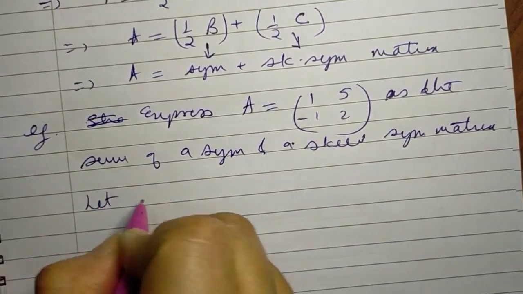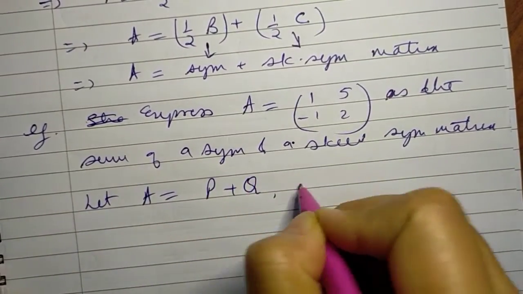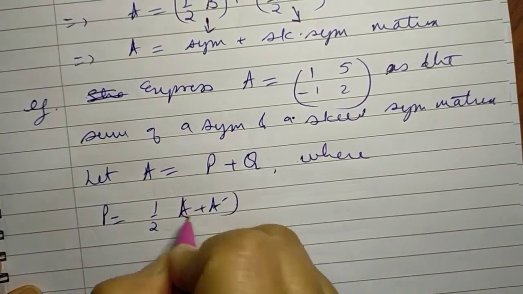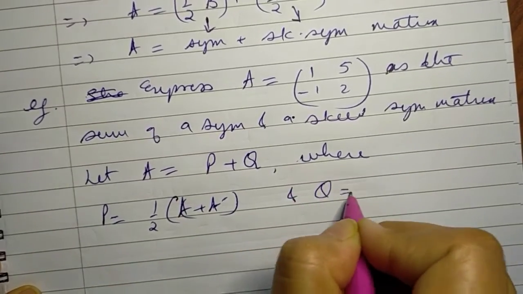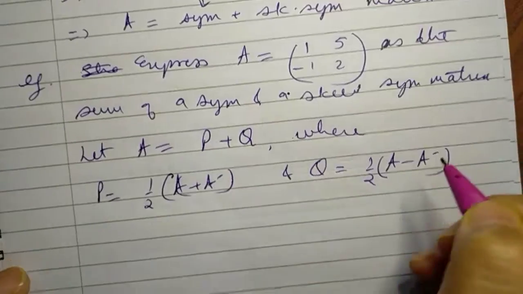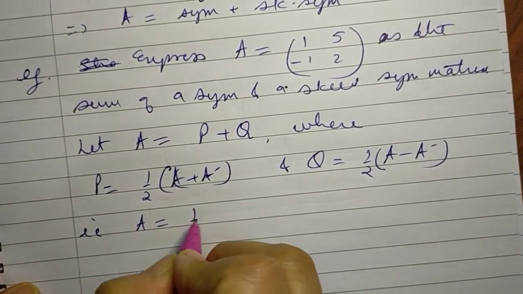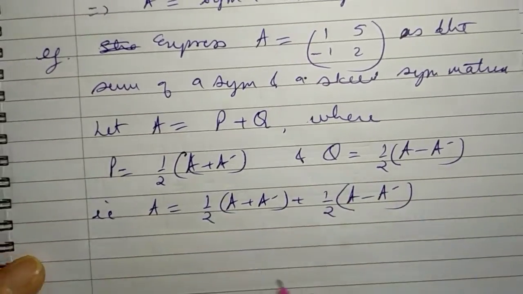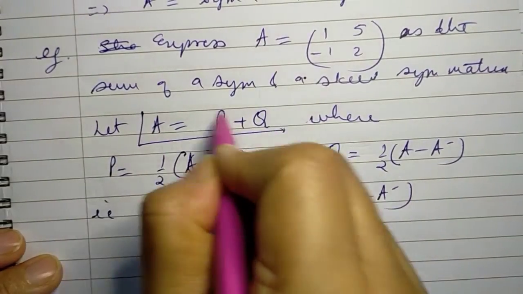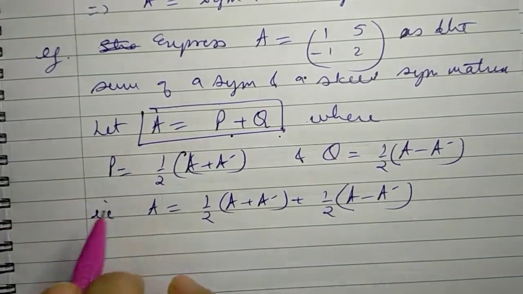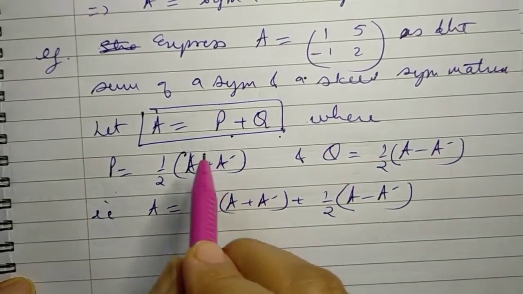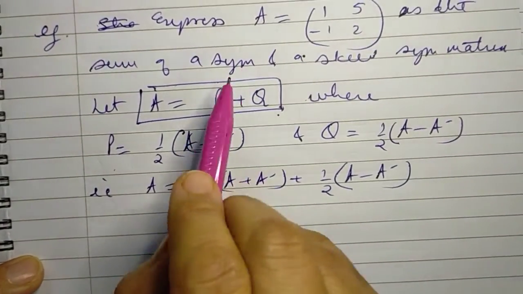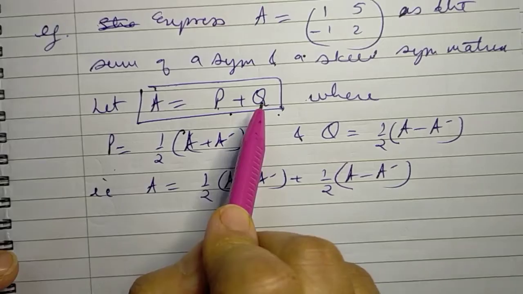Let A equal P plus Q, where P is half of A plus A transpose and Q is half of A minus A transpose. The only thing is that we have to find the value of P and Q, cross check it, and then prove that P is symmetric and Q is skew symmetric. So we are going to write A in the form of P and Q.